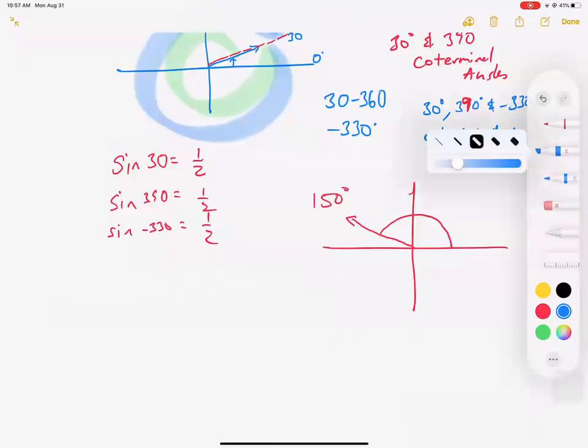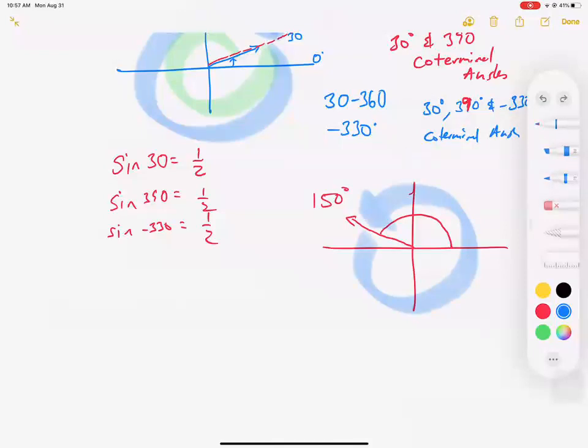So let's do the easy one. Let's go forward. If I go 150 and I go through one full circle, that's 360 degrees. So 150 plus 360 is 510 degrees. So 510 is coterminal with 150.